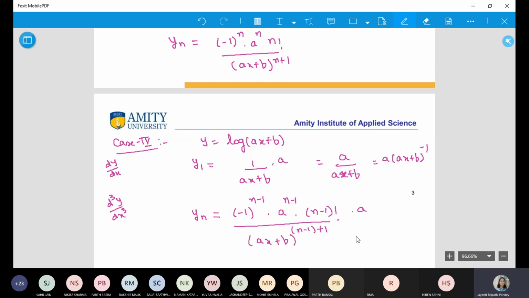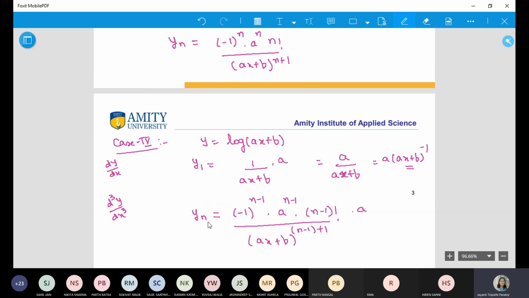Is this understood or not? Please respond. Yes or no? No, ma'am. What you had, y1, this is your y1.